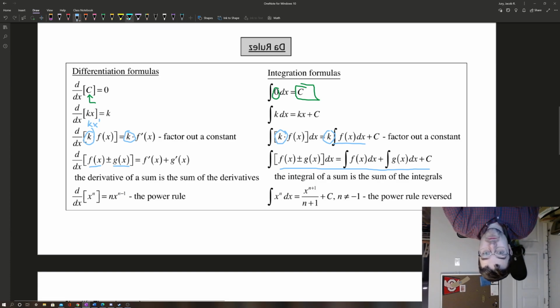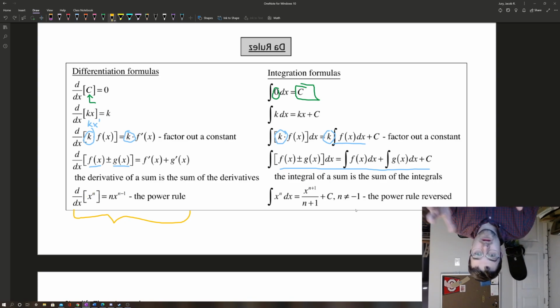And perhaps the most useful rules out of this, so if you've kind of zoned out the past couple seconds, perhaps the most useful rules are the power rules, because they kind of explain what's going on. We know the power rule with derivatives. We multiply the power into the constant of our term, and then we subtract 1 from that power.